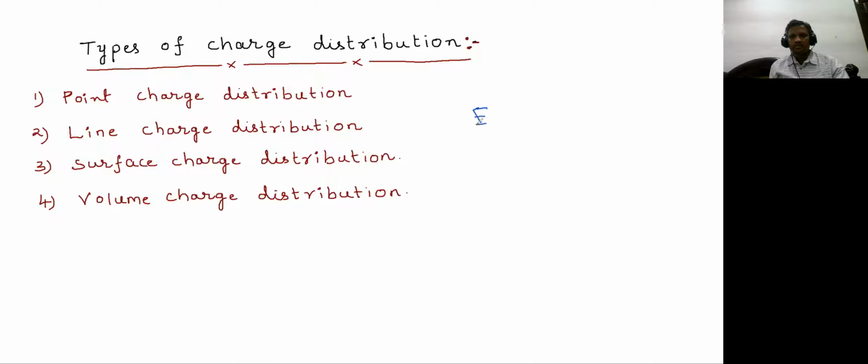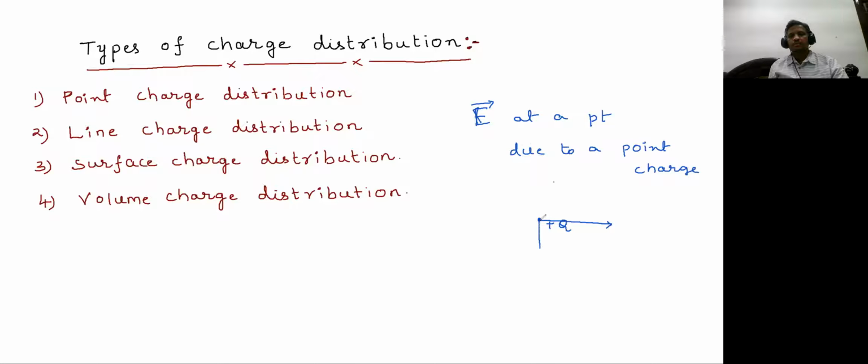So once we complete that, we can call it electric field intensity E at a point due to a point charge. It means suppose you have a point charge, let's say plus q, and the electric field intensity will always be coming radially outwards like this.